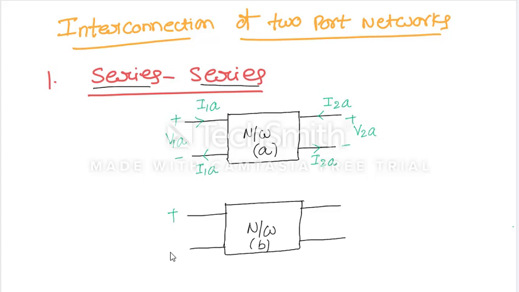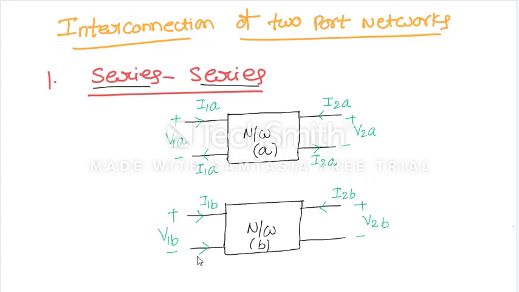Next, this voltage I can call V1B, port 1 of network B, and this current is I1B, and this one V2B, and this current is I2B.